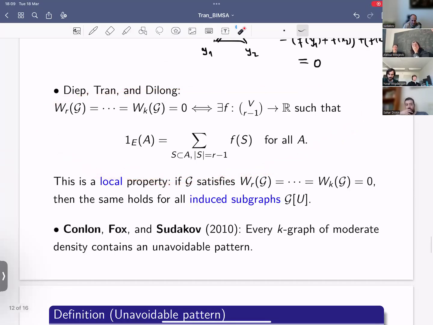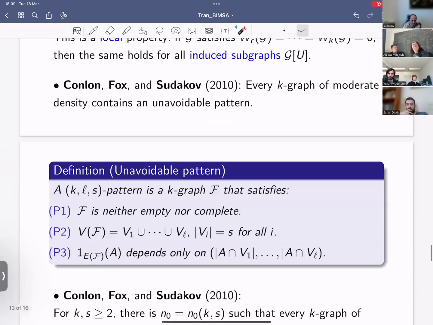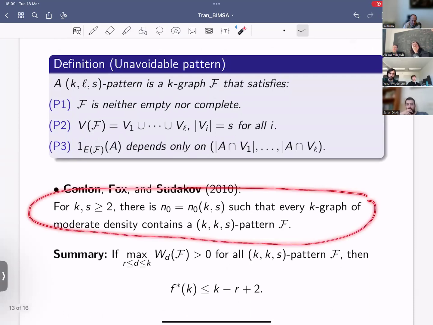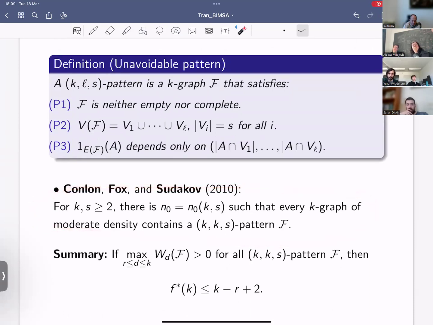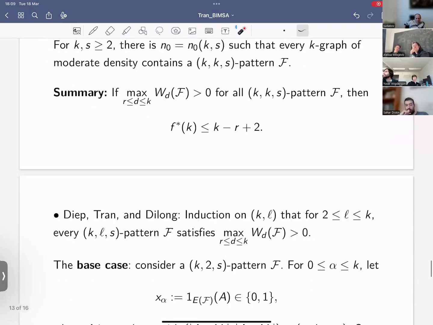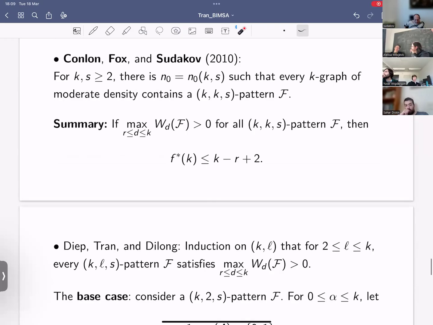In the unavoidable pattern result, we must allow some small fraction of edges to be uncolored and still be able to find this unavoidable pattern. And it can be done. We use some of the ideas from the paper with Matthew.